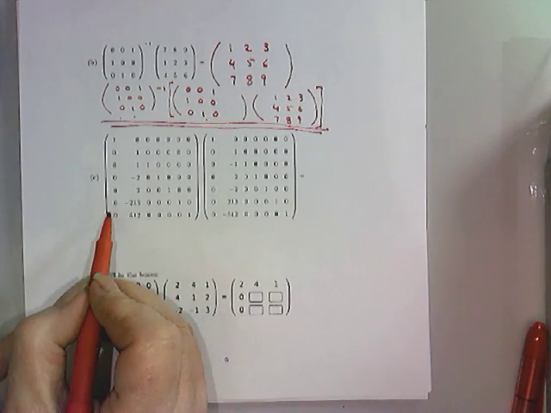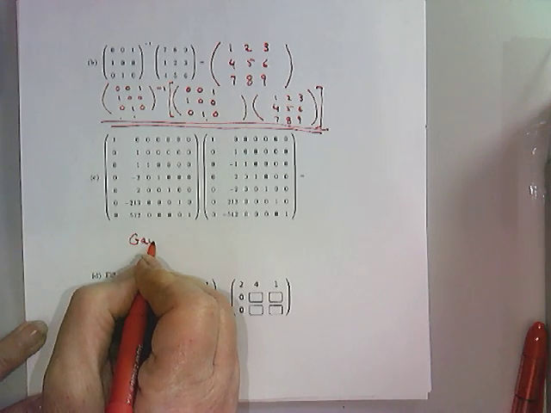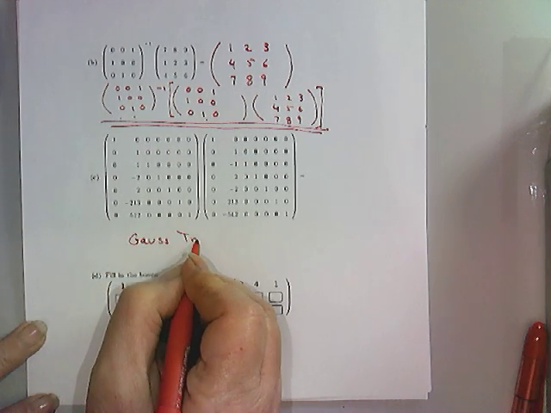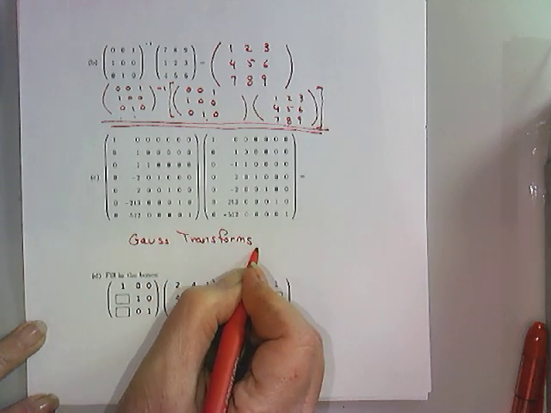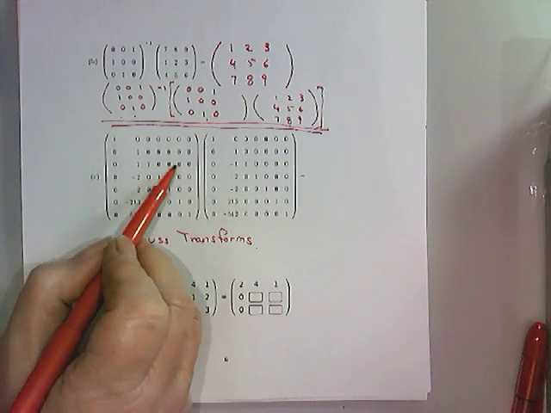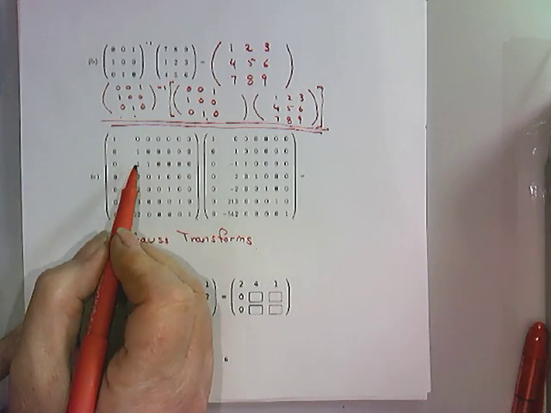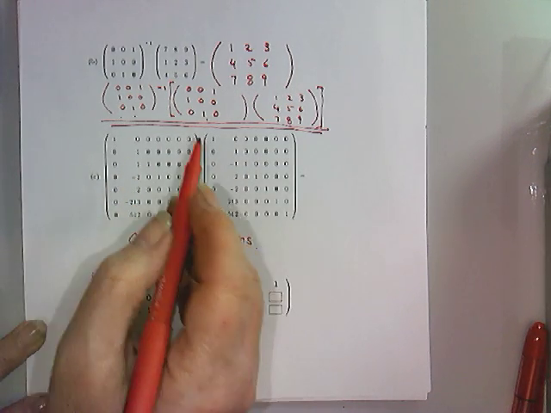Looks to me like both of them are Gauss transforms. Why? Because they have ones on the diagonal, zeros in most of the positions, but just one of the columns has entries below the diagonal.